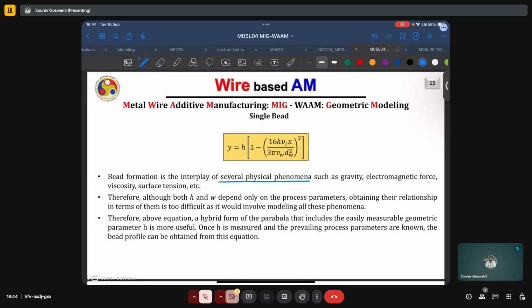Although both h and w depend only on the process parameters, obtaining the relationship in terms of the process parameters alone is too difficult, as it would involve modeling all of these physical phenomena. Therefore, the above equation, which is a hybrid form of the parabola, includes the easily measurable geometric parameter h, which is more useful.